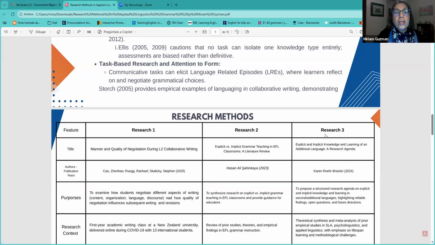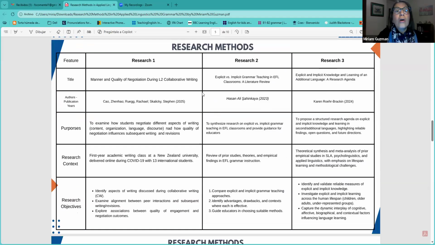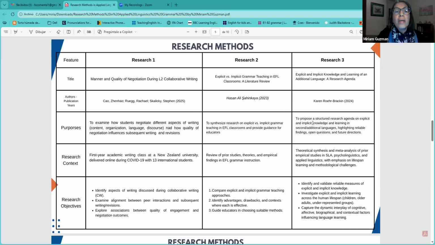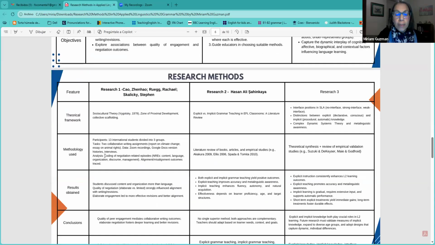Let's continue with the research methods. I have checked three different articles, from 2025, 2023, and 2024. I'm going to mention them one by one.